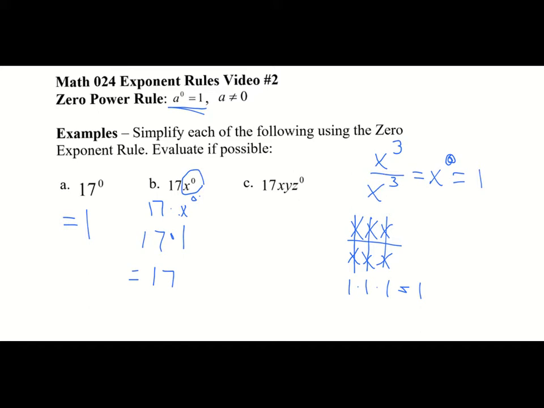For C, we have 17 times x times y times z to the 0 power. Again, the 0 is only attached to that z. So that's going to turn that into a 1, but we still have 17 times x and y. So 1 times 17 is 17, and then we keep our x and our y on there. So that answer would be 17xy.